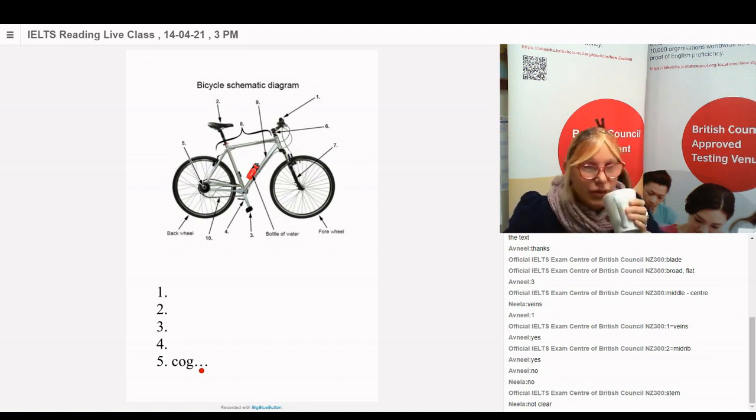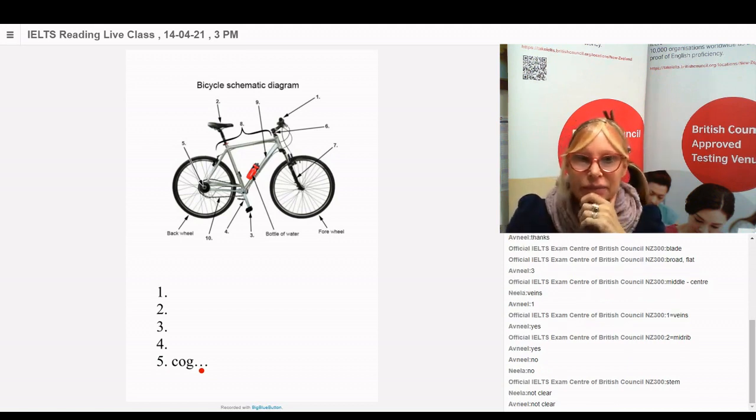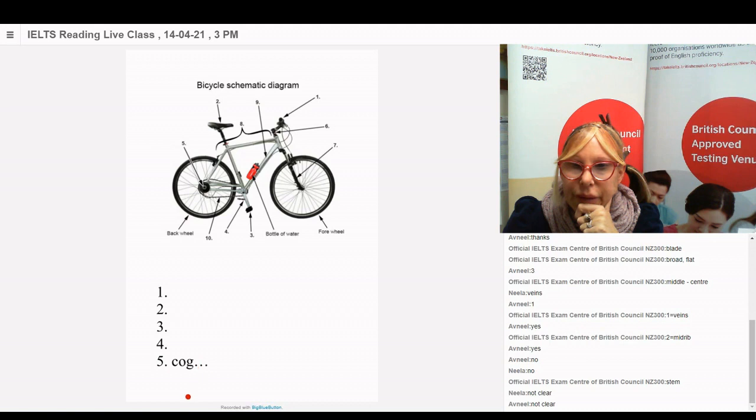Yeah, that's what I was worried about. It's always a worry when you can't see something clearly on the diagram. Okay, let me see if I can somehow just type in the numbers beside each one. So that's number 1.